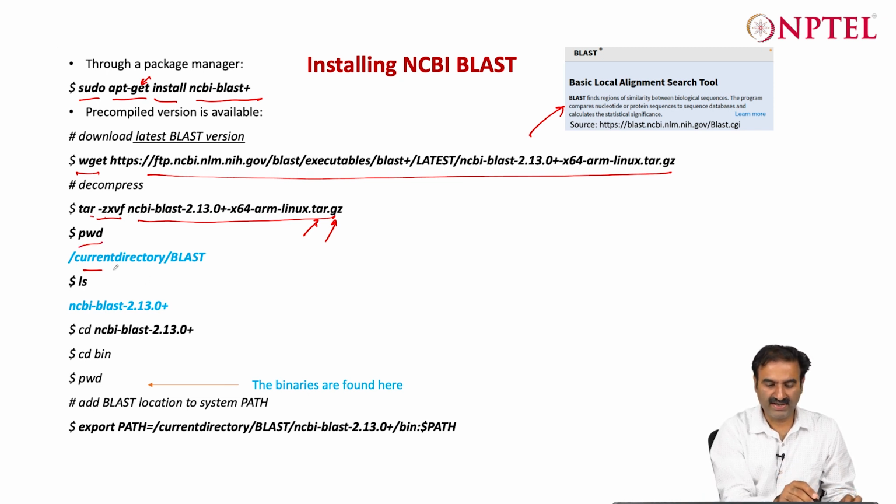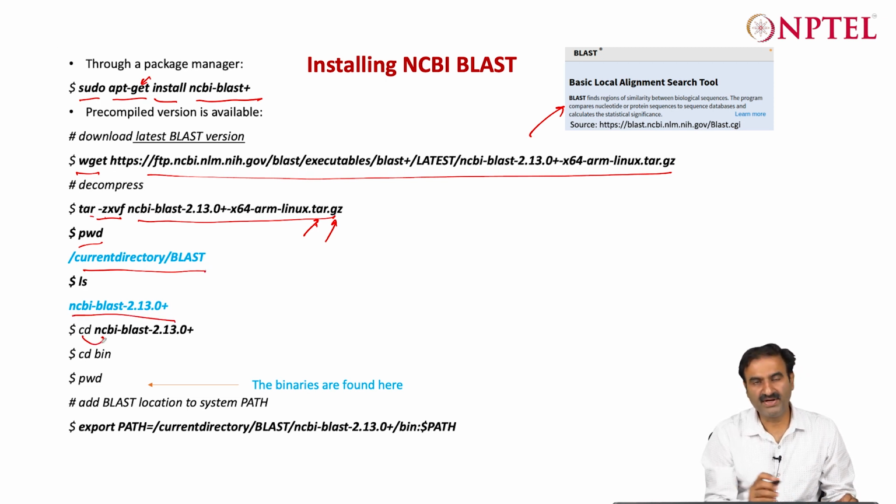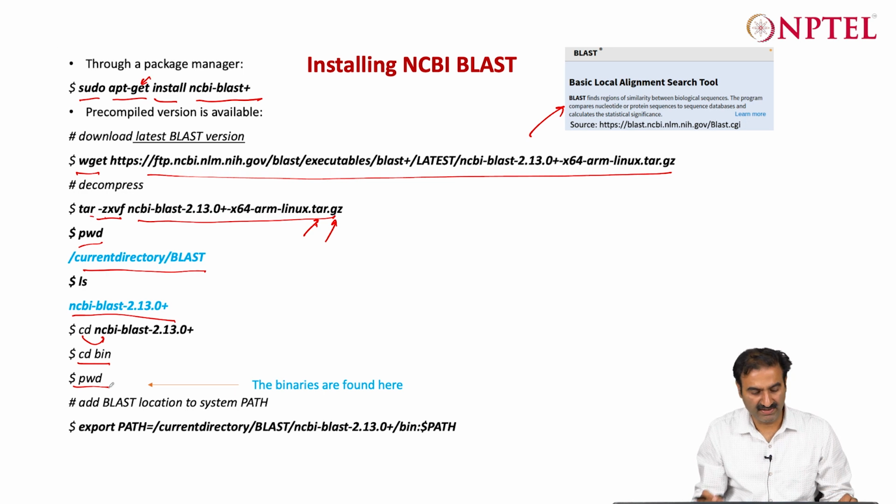Then you see that the current directory is now Blast, where you have downloaded it. This is the file that you have downloaded. You should go into that folder using cd, then go to the bin folder and say pwd, present working directory.